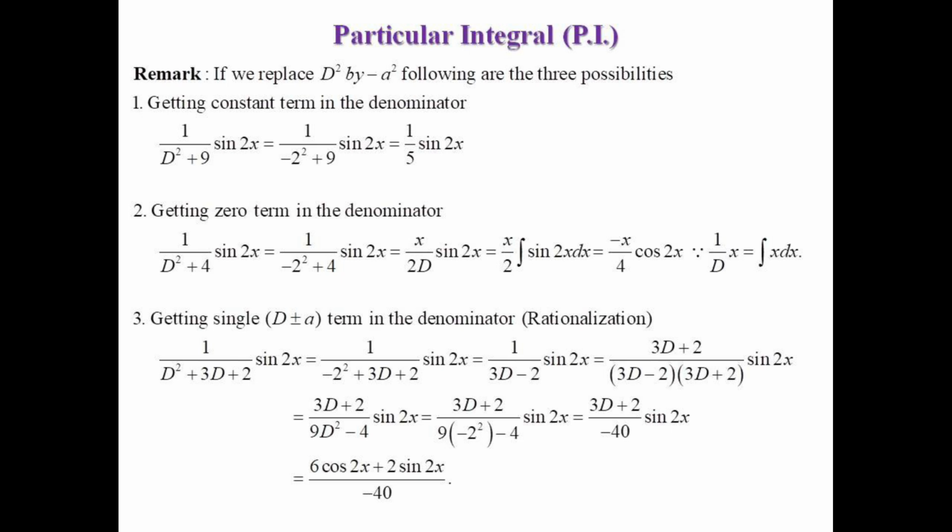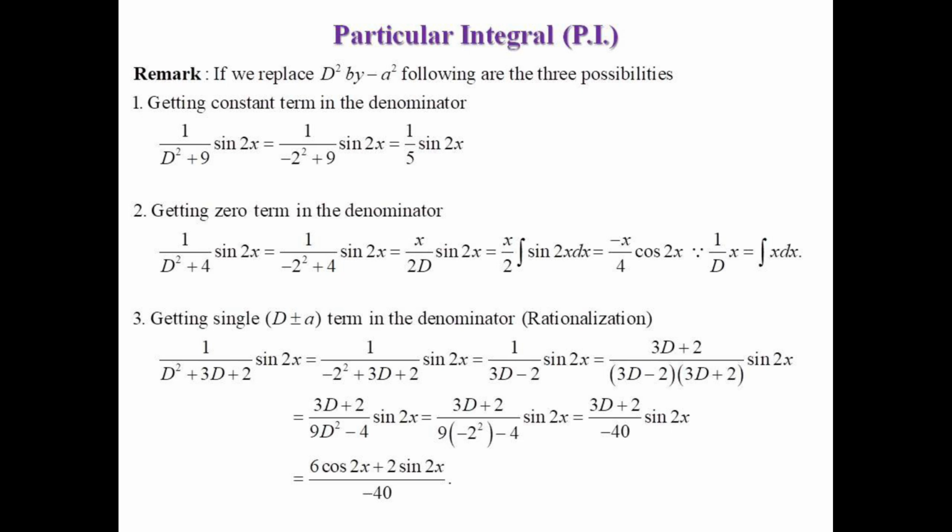Don't do the actual calculation for the denominator. Instead of doing the actual calculation of the denominator, use the formula a minus b and a plus b, so its answer is a square minus b square. If we apply this formula, then we get the value of the denominator as 9d square minus 4.